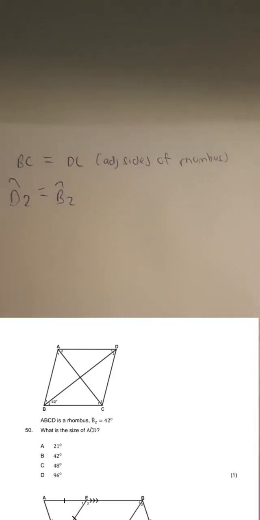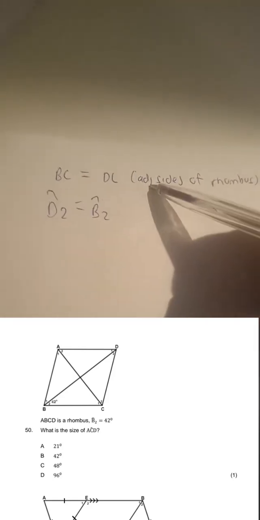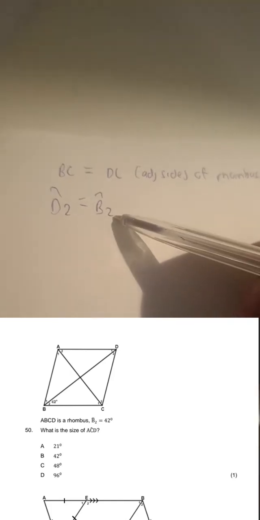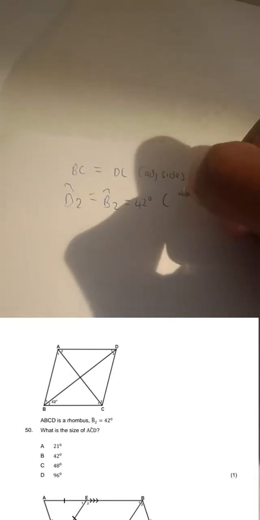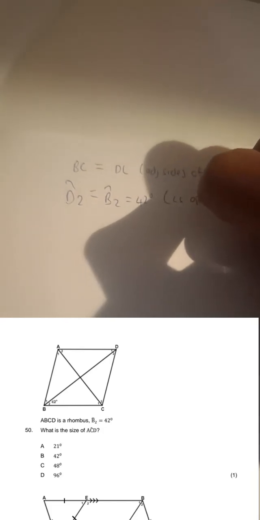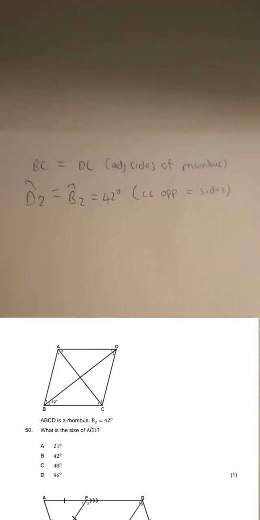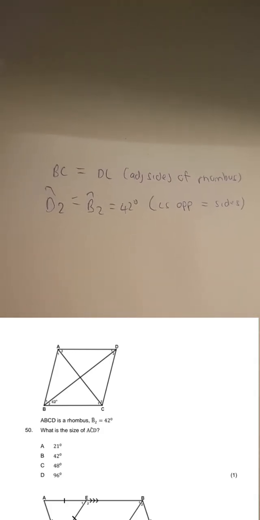Okay, or we can say sides of a rhombus. So BC is equal to DC, that's what we know. Therefore, we can say angle D2 is equal to angle B2, which is equal to what? 42 degrees. What's the reason? Angles opposite equal sides. That's why.